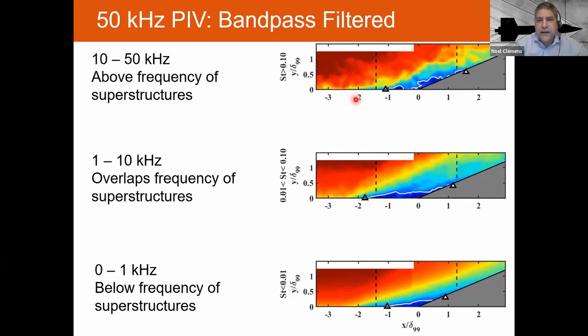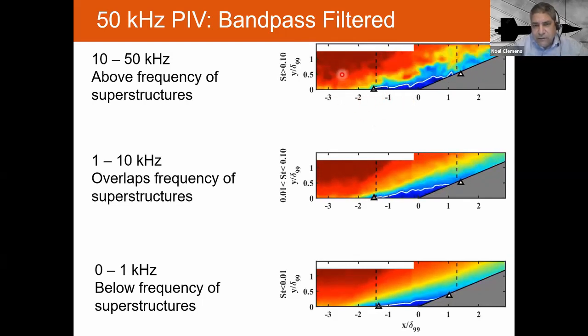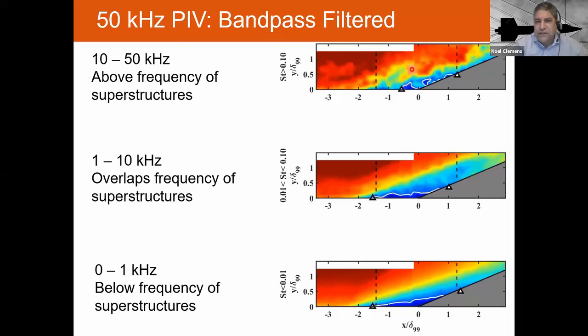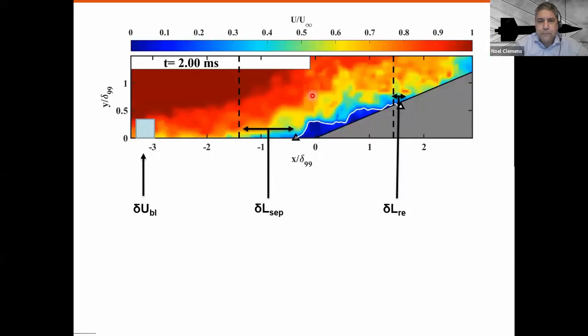When you go to the high frequency band, you don't see any correlation with the upstream boundary layer at all. The shear layer is extremely active, so it appears that most of the motion of the bubble is related to flapping of the shear layer over the bubble.